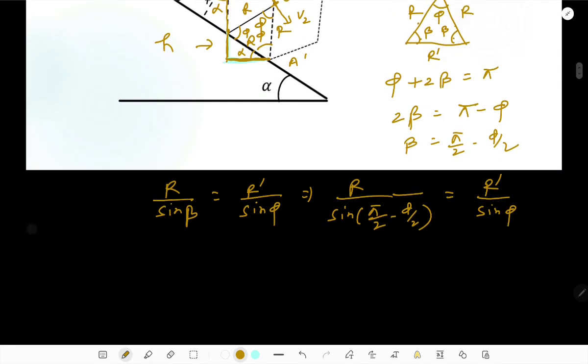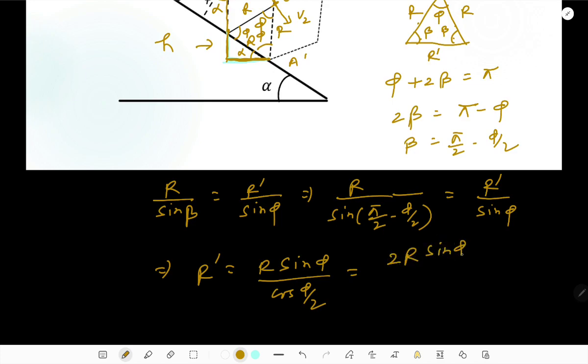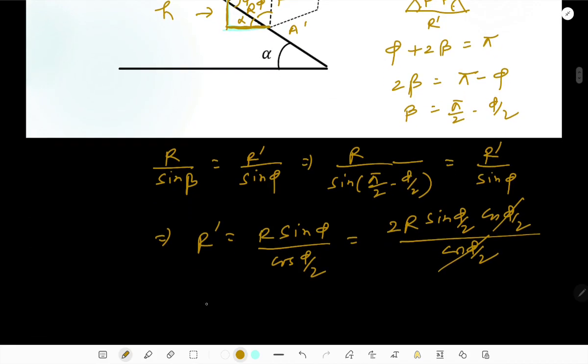And in that case r dash will become r sine phi upon cos of phi by 2, and I can again write sine phi as 2 sine phi by 2 cos phi by 2, divided by cos phi by 2. Cos phi by 2 is not equal to 0, so r dash becomes simply 2r sine phi by 2.